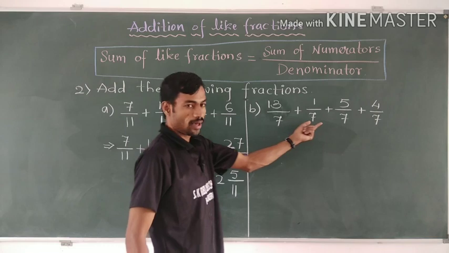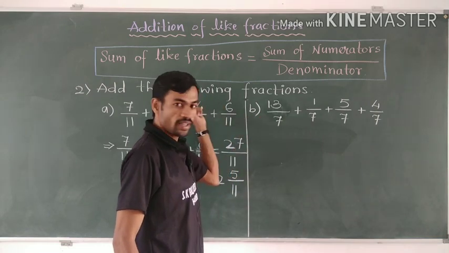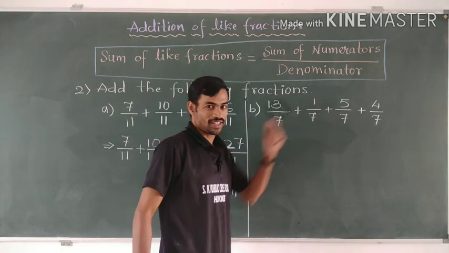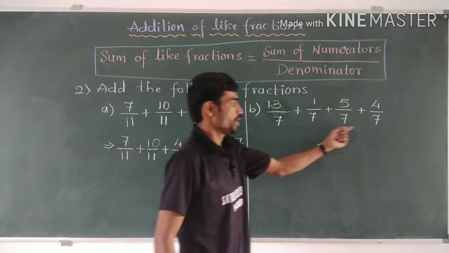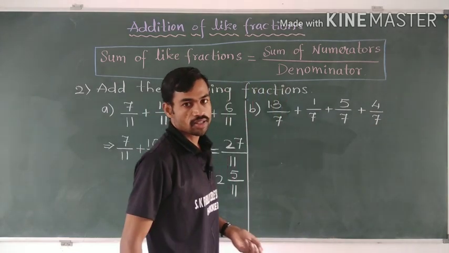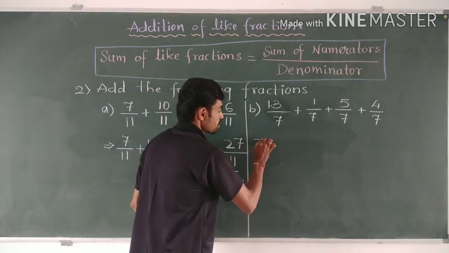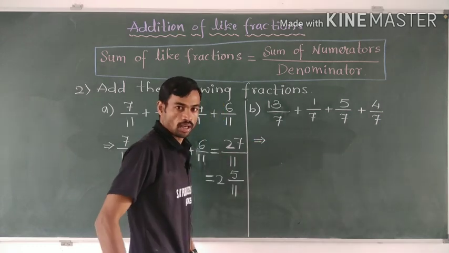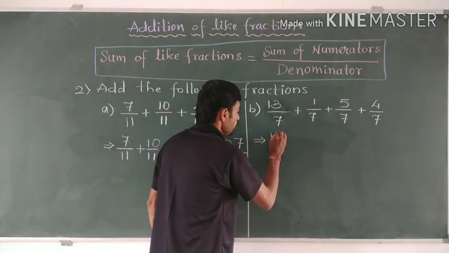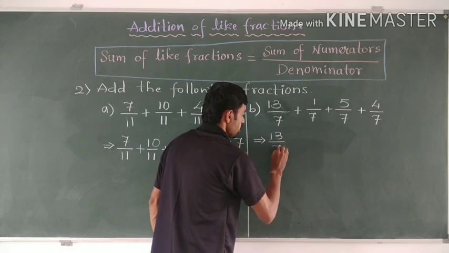Next, take another example. In the second one, only one more question is there. So here also we can say all fractions are like fractions. Then we need to find their sum.